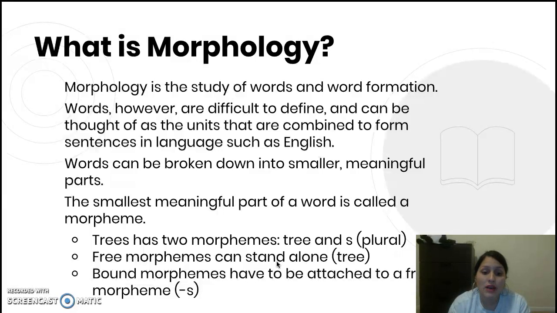And then we also have bound morphemes, and they have to be attached to a free morpheme, hence the word bound. And here in this example, we have the S. So the S can't stand alone and have a meaning. It is used to make a free morpheme plural in this case. So we attach it to the word tree to make it trees.